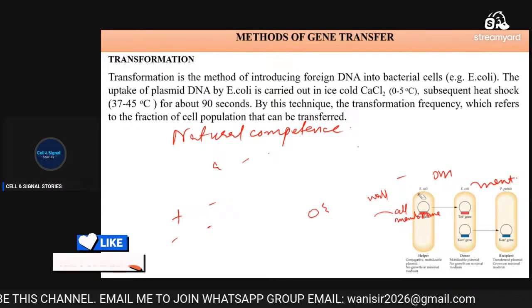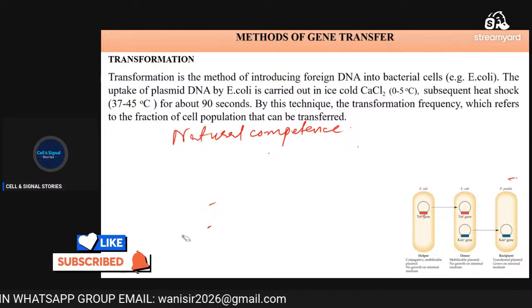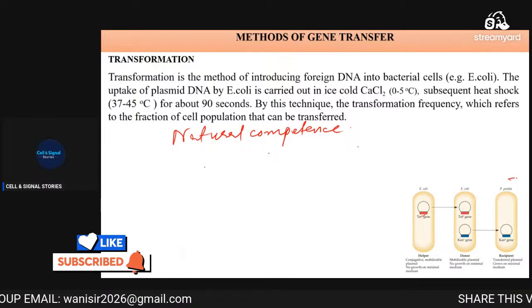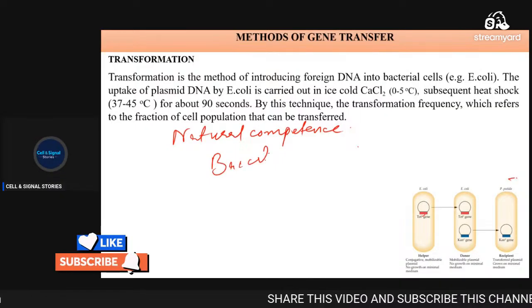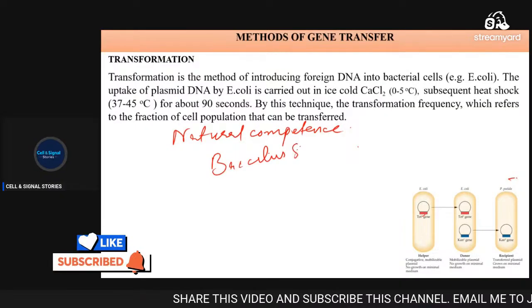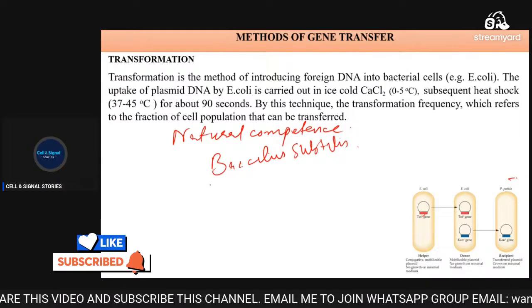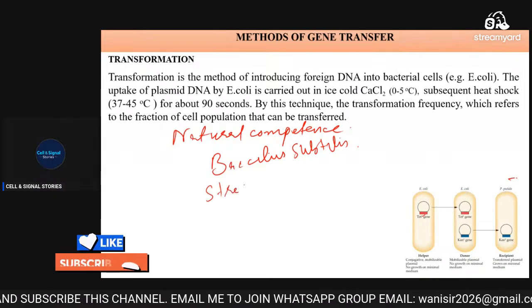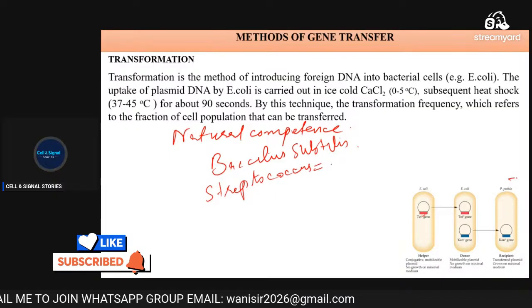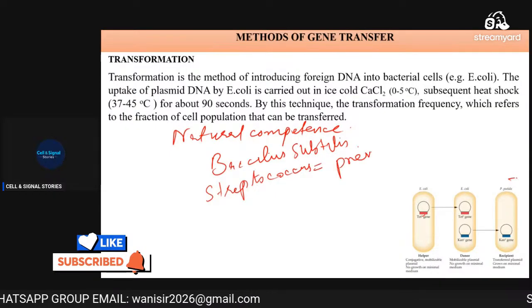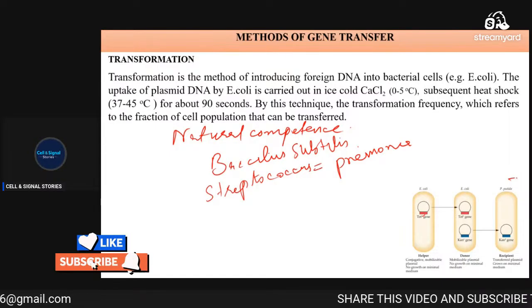So I will write down which strains of bacteria have natural competence. First of all, it is Bacillus subtilis. Another is Streptococcus pneumoniae.